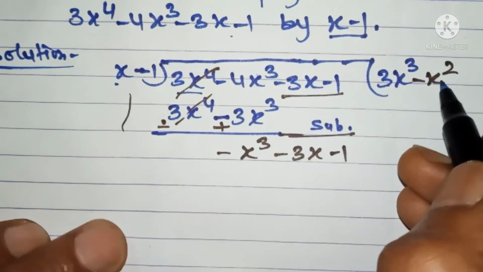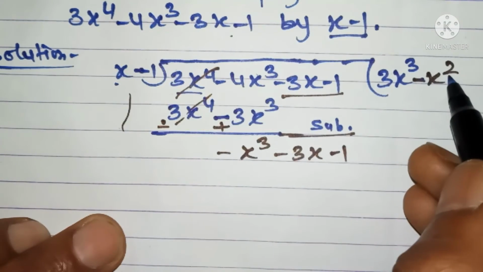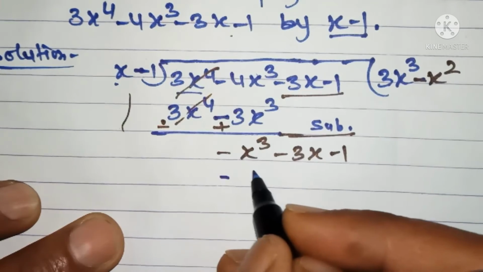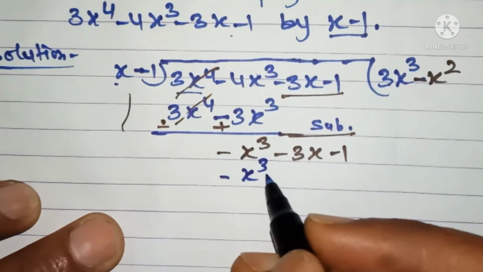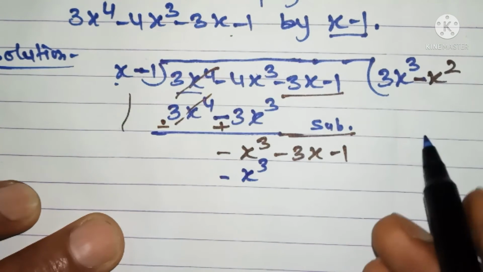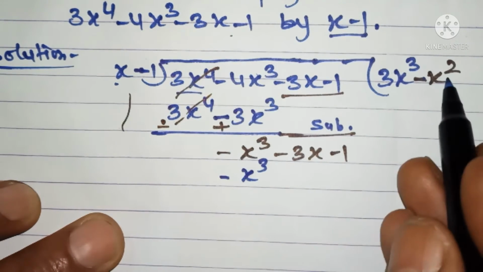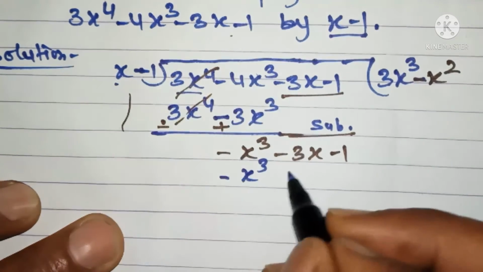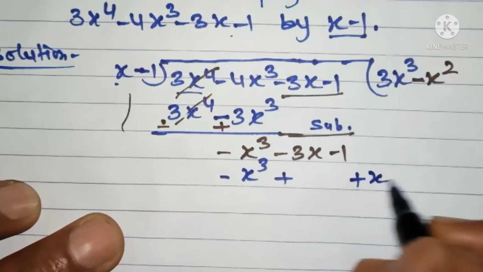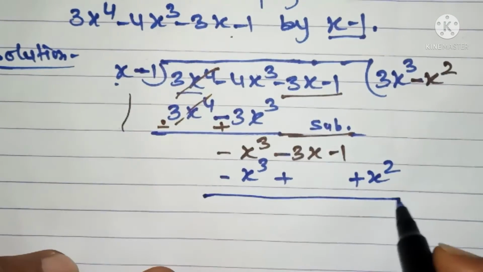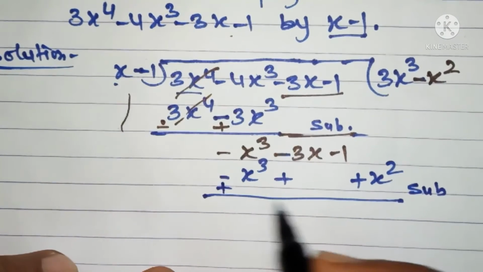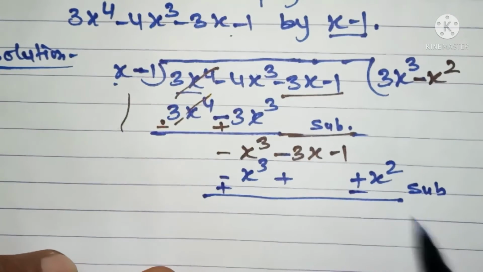By multiplying the divisor, minus x square into plus x will give us minus x to the power 3. This minus and this minus will give us plus sign, and x square ones are x square. Here it will be plus x square. So now we have to subtract. Subtracting, this symbol will be positive and this will be negative.